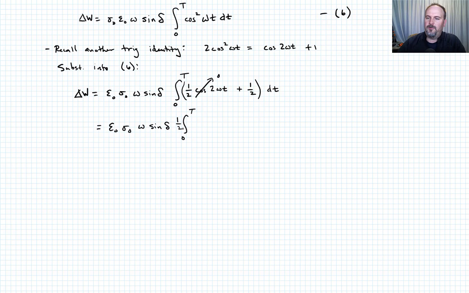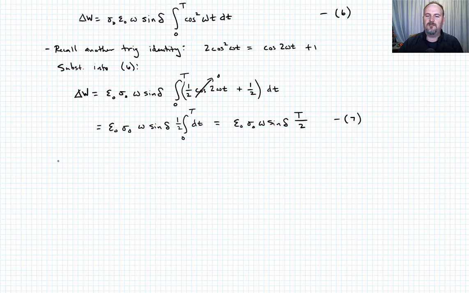I have 1/2, I'll pull it out, dt, which is just equal to, this is just t over 2. So I'm left with epsilon naught sigma naught omega sine delta times t divided by 2. Okay? Let's call that equation 7.